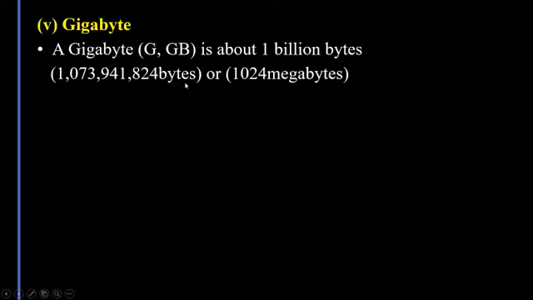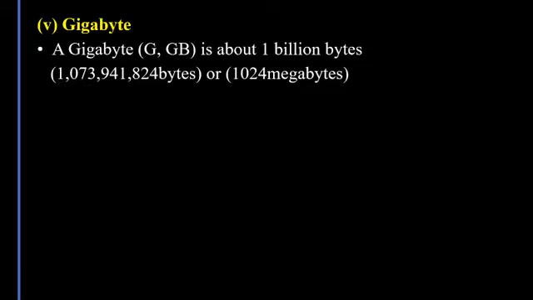Or in short, you can say it's the same as 1,024 megabytes. 1,024 megabytes can give you a gigabyte, but in form of bytes, they are in billions. A billion is not an issue.